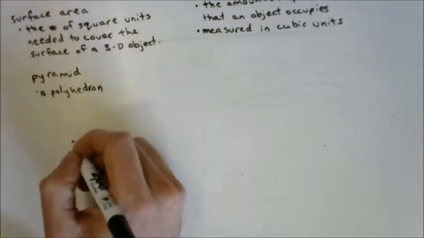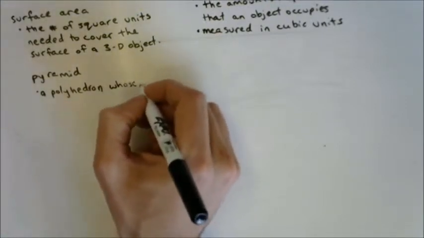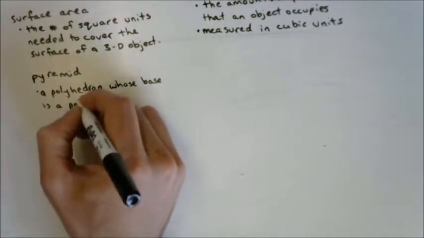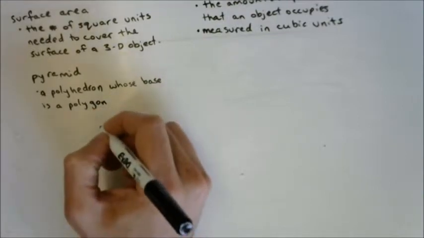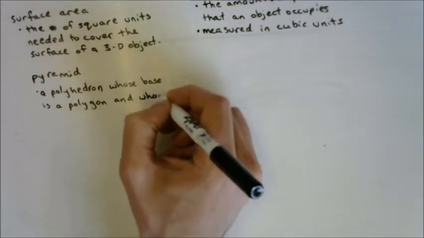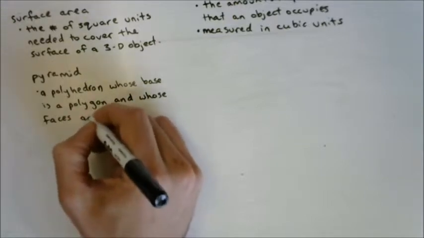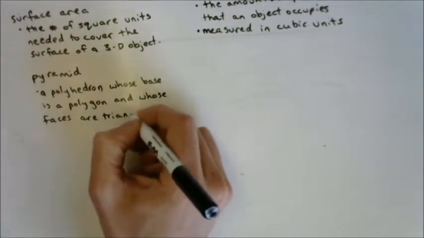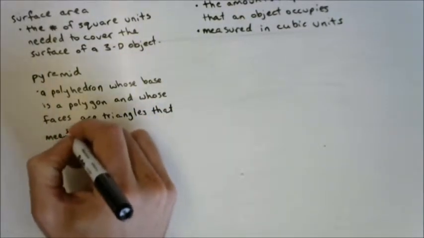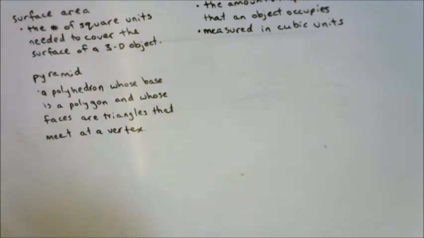It's just a name for this group of 3-dimensional objects whose base is a polygon, and whose faces are triangles that meet at a vertex. So go ahead and picture in your mind a pyramid.